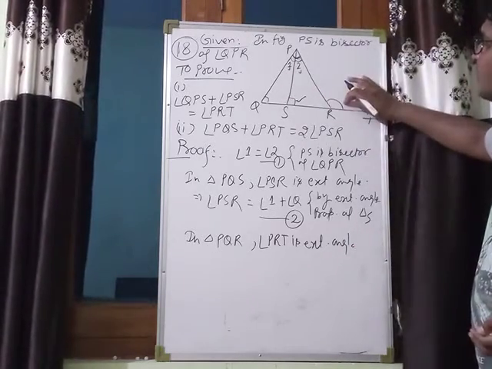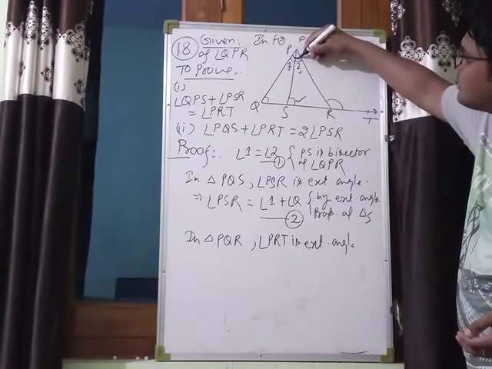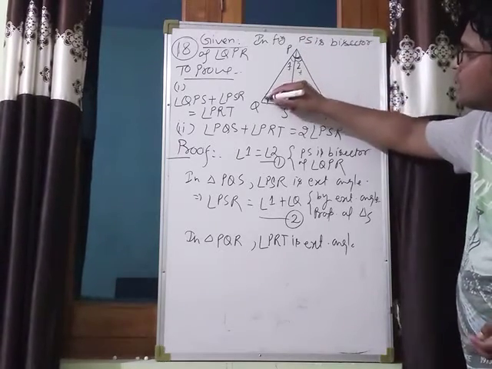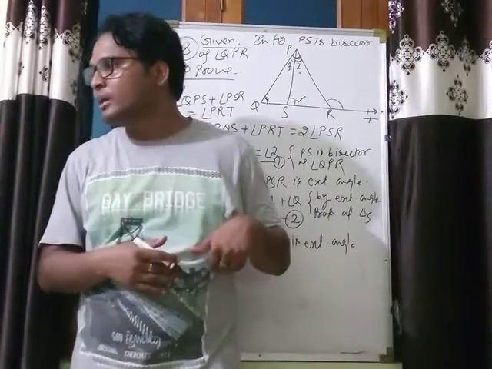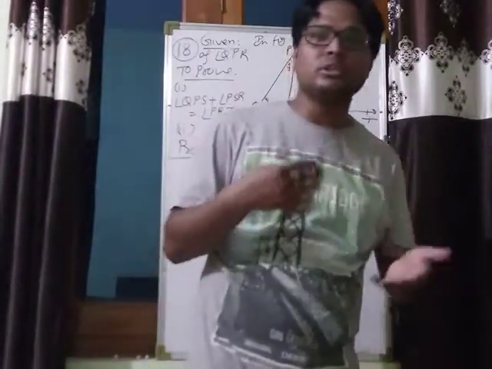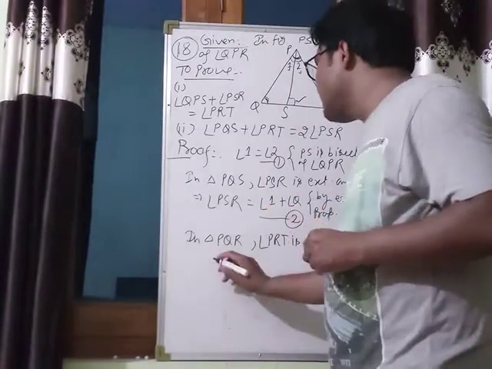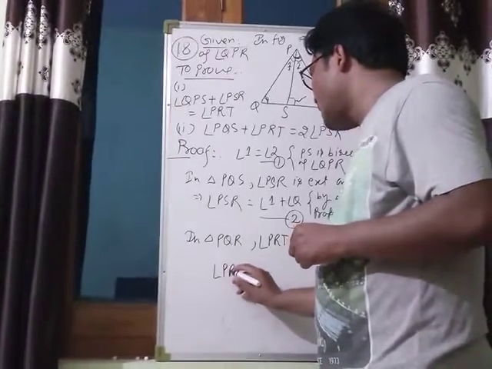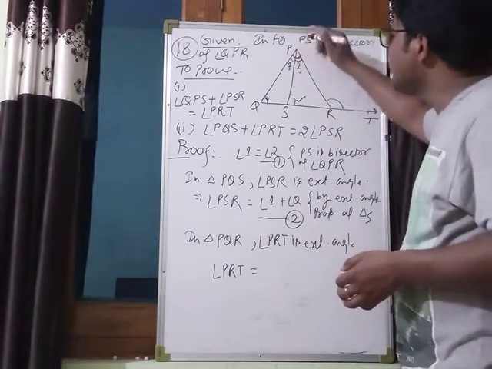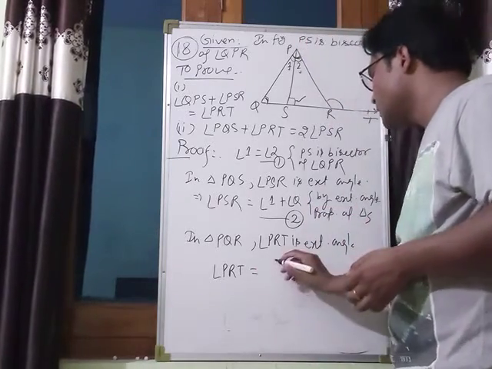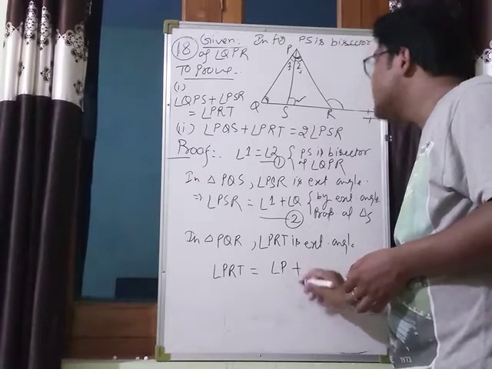That's why this angle will be equal to this one plus this one. By the exterior angle property, we know that the exterior angle of any triangle will be equal to the sum of the interior opposite angles. That's why angle PRT is equal to angle P, this whole angle P, plus angle Q.